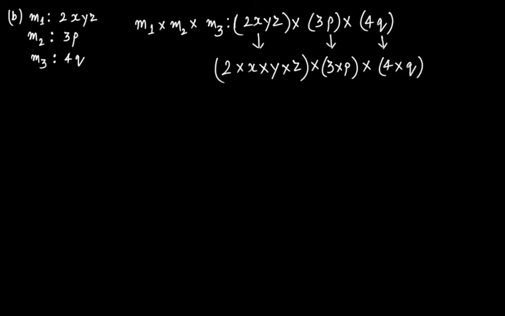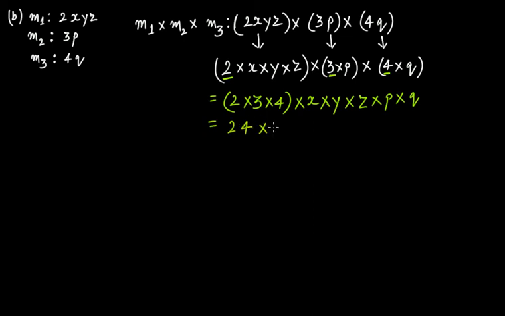Now this 2, the numerical coefficient of this monomial, this 3 of this monomial and this 4 of this monomial, you group them together. So 2 multiplied by 3 multiplied by 4, then multiplied by x multiplied by y multiplied by z multiplied by p multiplied by q. 2 times 3 is 6 times 4 is 24.